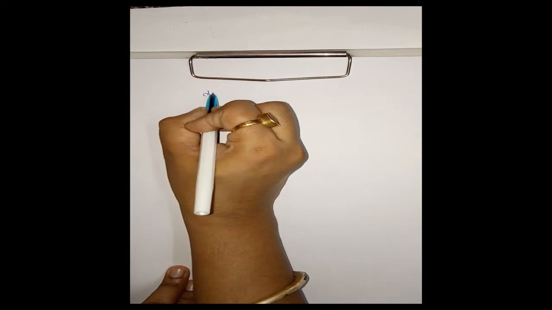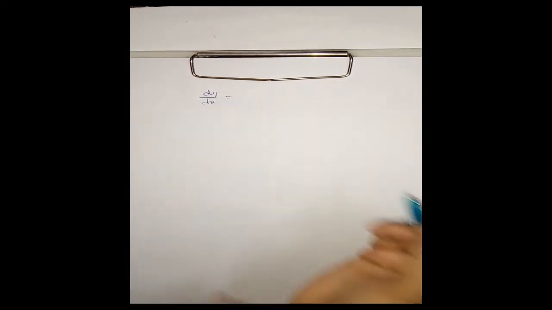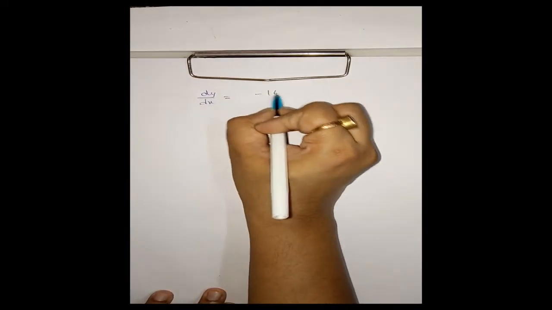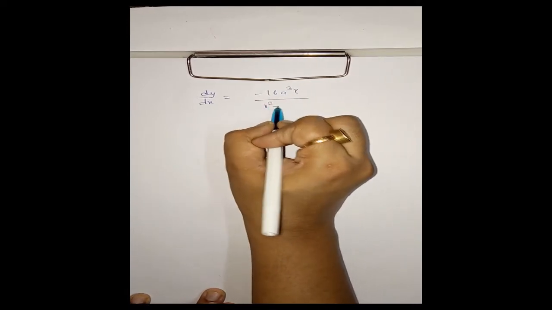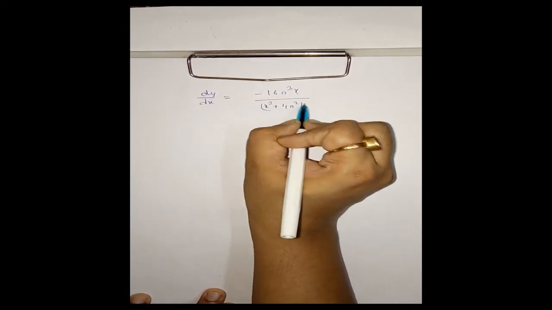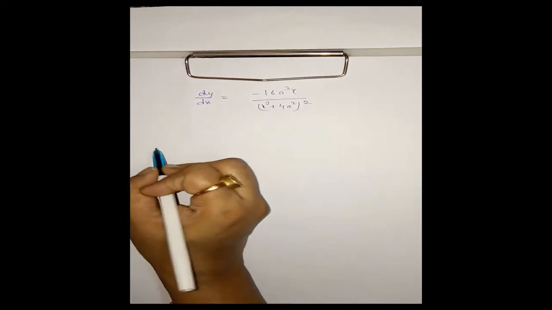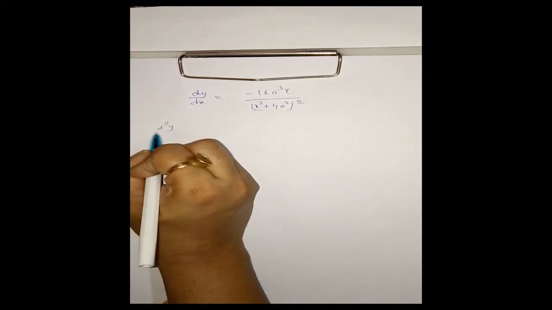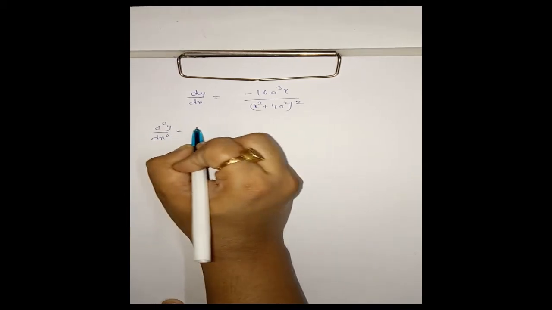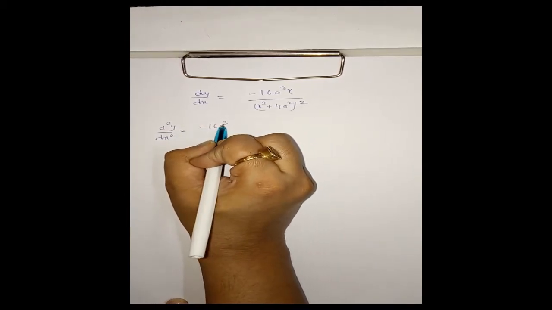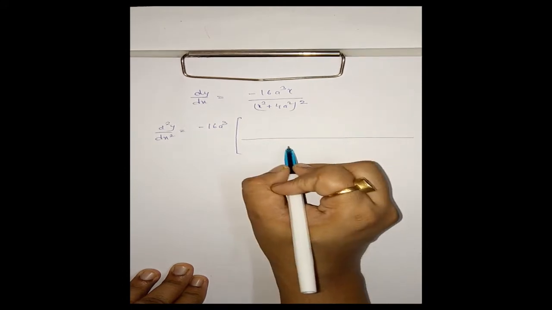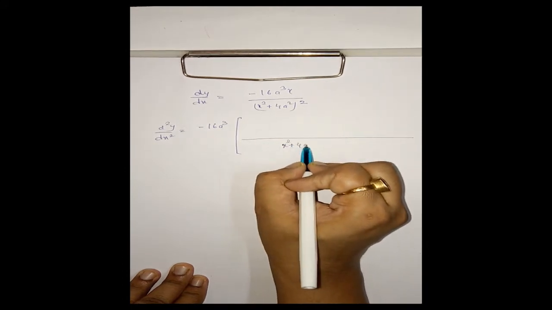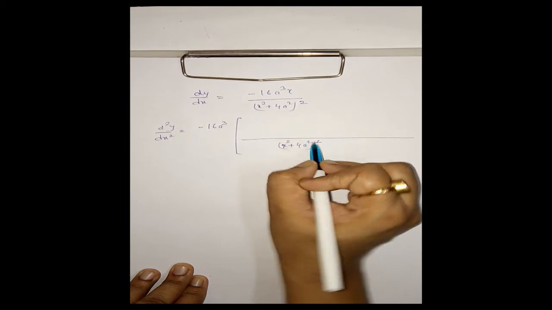Now dy/dx is equal to minus 16a cube x by (x square plus 4a square) whole square. Now to find d2y/dx square, taking minus 16a cube outside, we have to find the derivative of x over (x square plus 4a square) whole square.